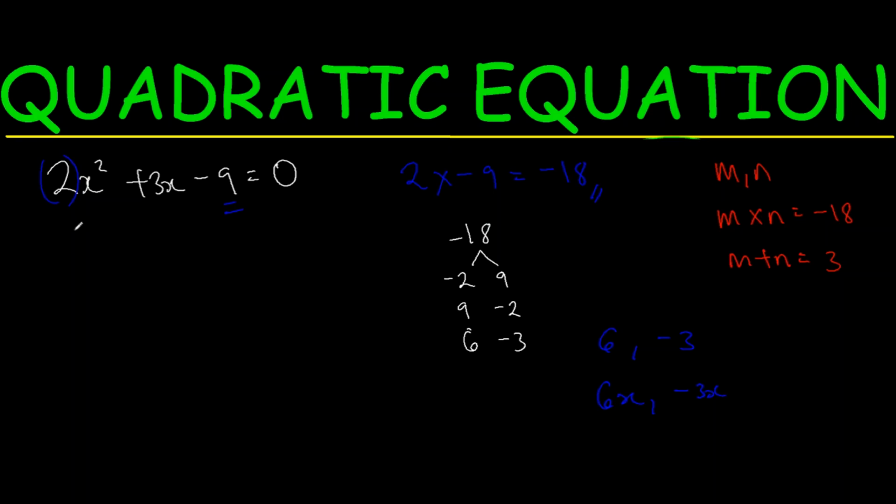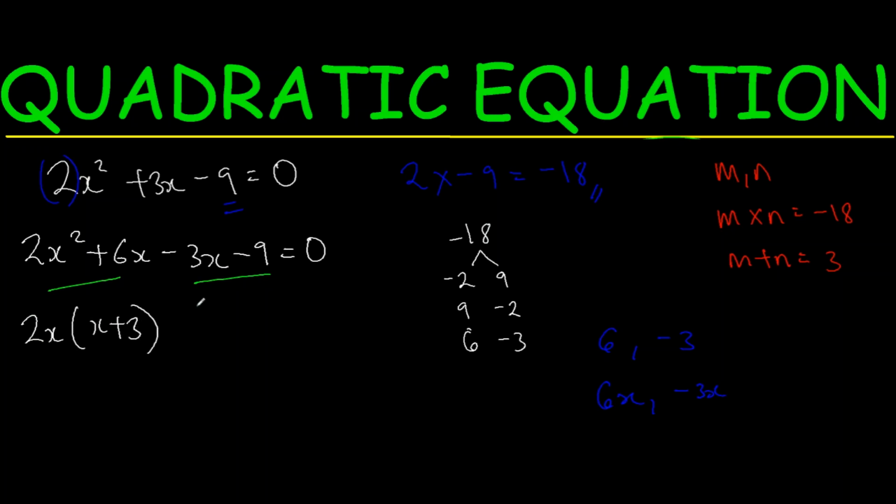So continuing our equation, we have 2x squared. We'll replace this 3x with plus 6x minus 3x minus 9 is equal to 0. Next, we factorize by grouping. We have 2x times x plus 3, minus 3 times x plus 3 is equal to 0. Oh, sorry.